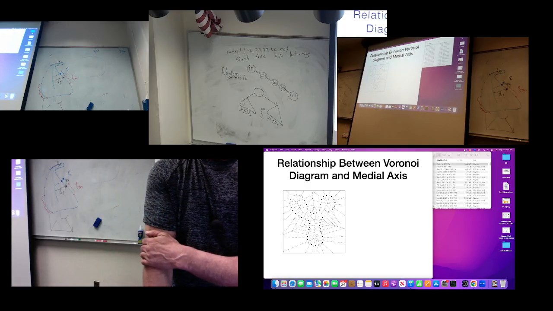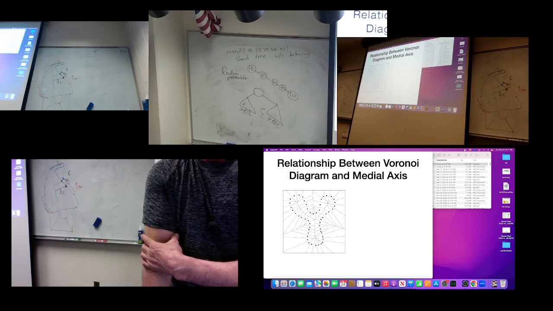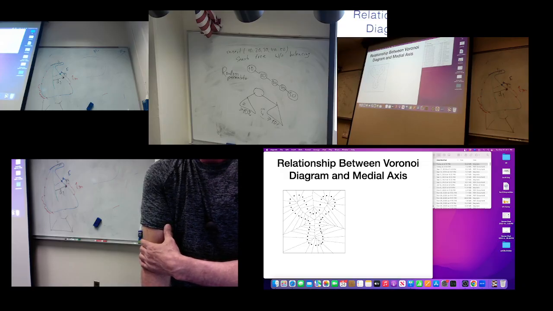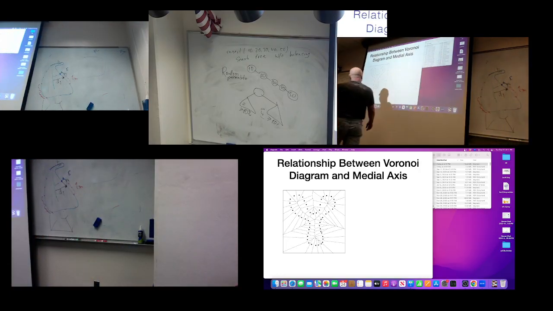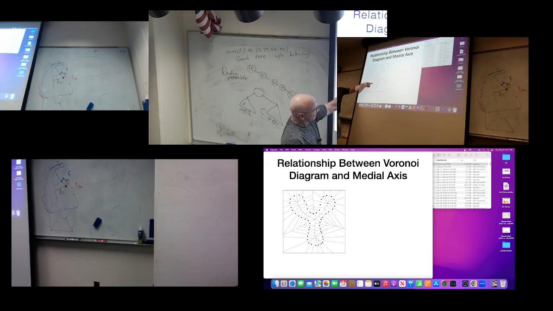And I want to give you the feeling that the medial axis is somehow related to the Voronoi diagram. Well, one reason is that we are studying the Voronoi diagram. More than that, think about it: if this point is on the medial axis, it means it has two data points that I sampled which are at equal distance.